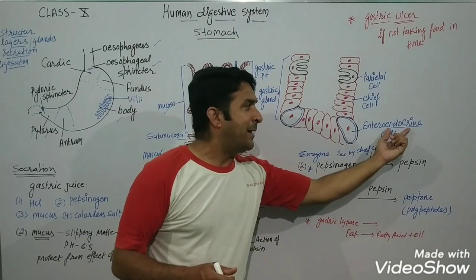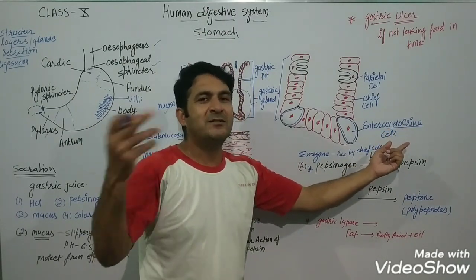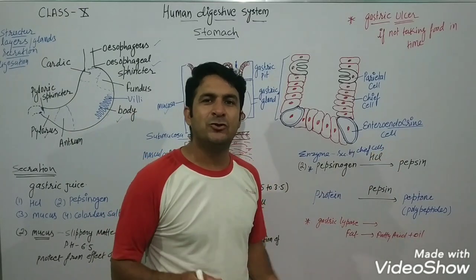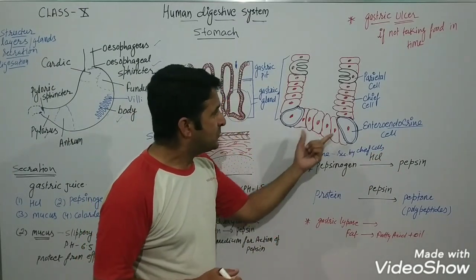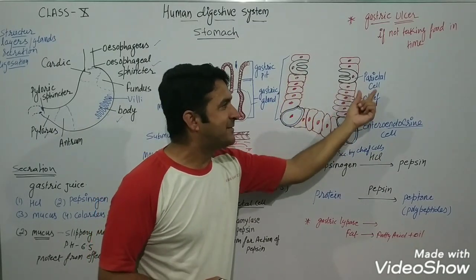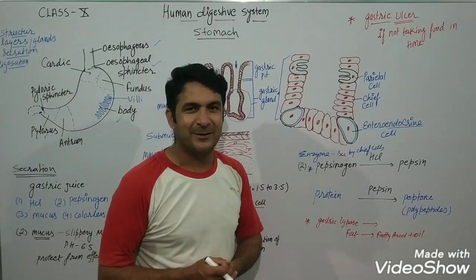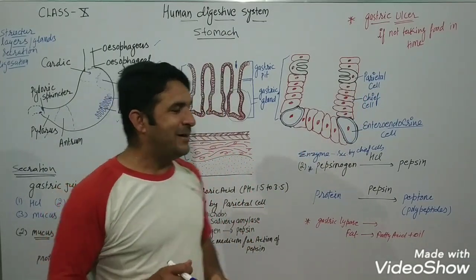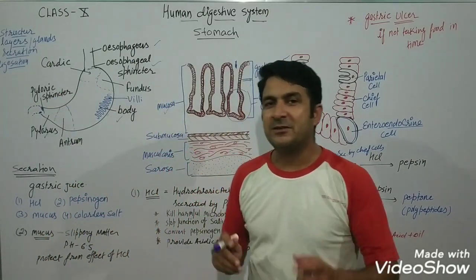Because endocrine means which secrete hormone, what hormone this is and what is its function, I will teach you in the endocrine system. So here you can see the large structure where we have seen the different cells and their functioning. Now we will discuss the secretion of the stomach.